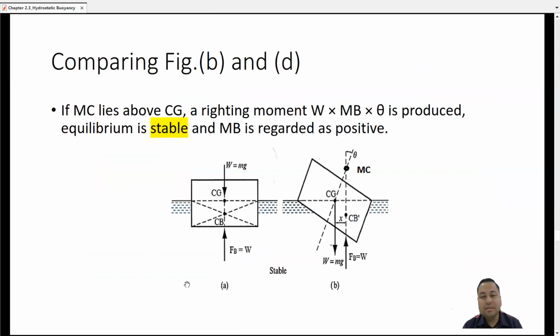So let's compare figure B and C. If MC lies above CG, that is, the metacenter lies above the center of gravity, a righting moment is produced, so equilibrium is stable and MB is regarded as positive.